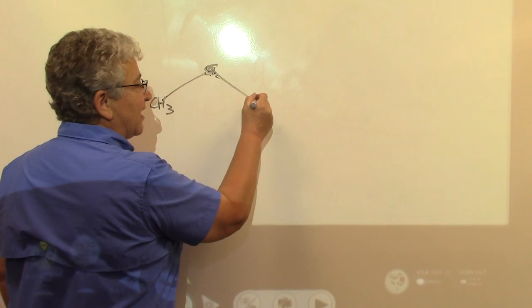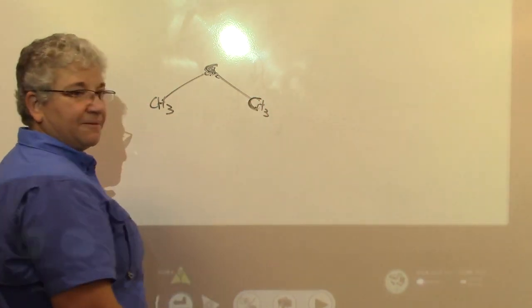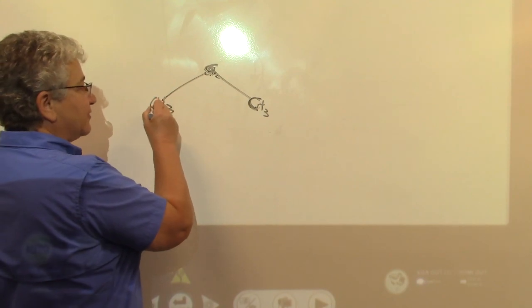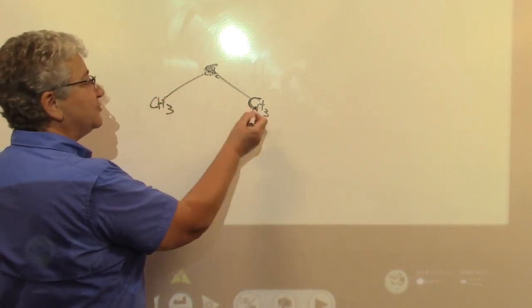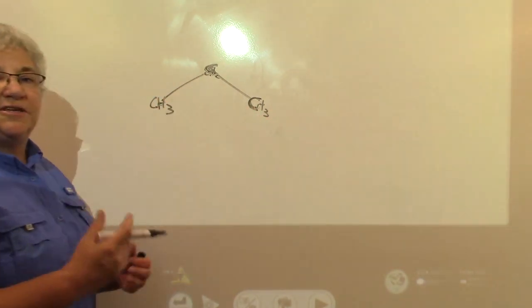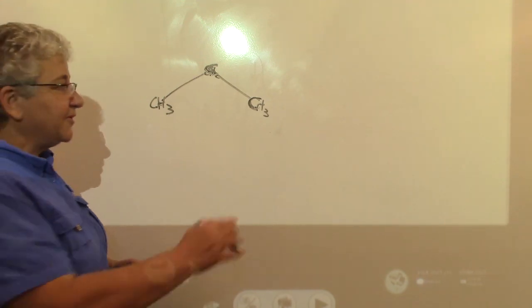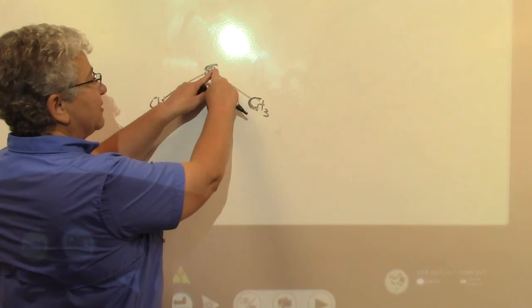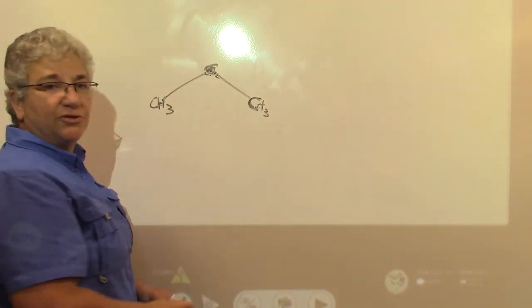But if I look at this CH3, and I look at this CH3, are these two carbons different from each other? This one's bound to 3 hydrogens, this one's bound to 3 hydrogens, and they're both bound to the same CH2 group.